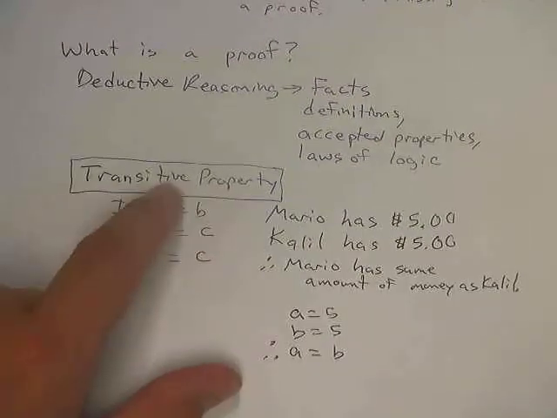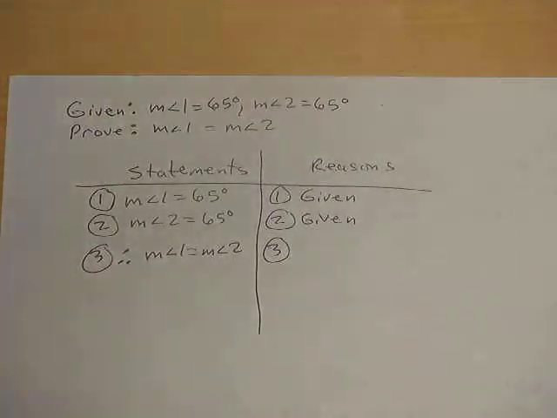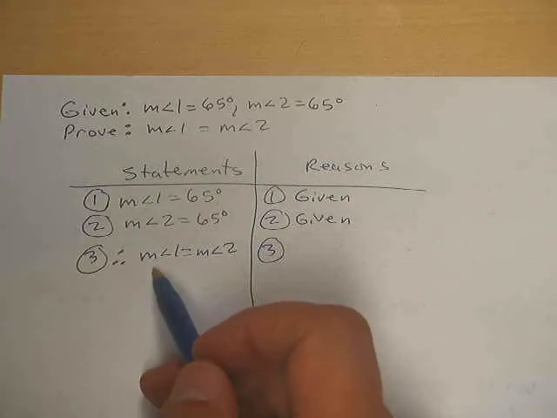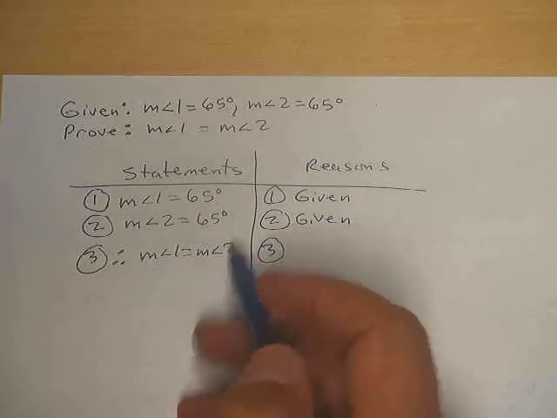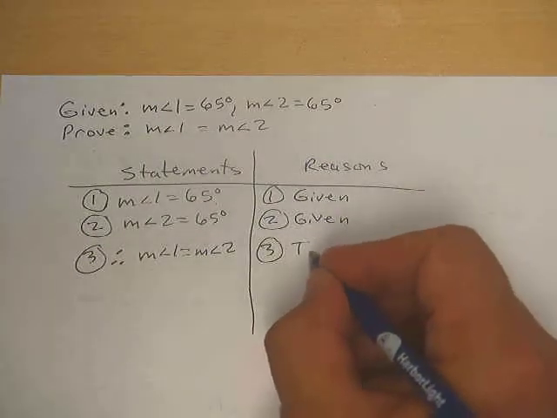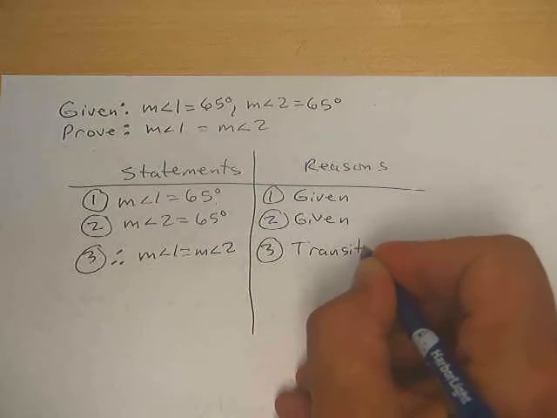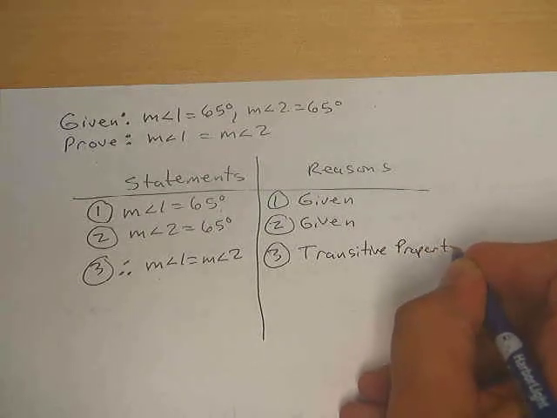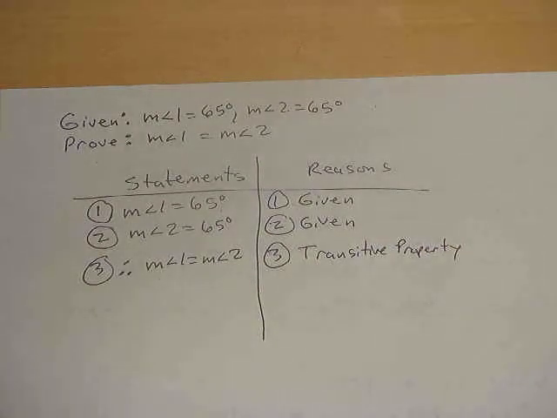Mario has $5, Cole has $5, and they have the same amount of money. If A equals 5 and B equals 5, then A equals B. That's called the transitive property. So let's go back over our proof again. Measure of angle 1 is 65, measure of angle 2 is 65. So measure of angle 1 equals measure of angle 2. That is due to the transitive property.